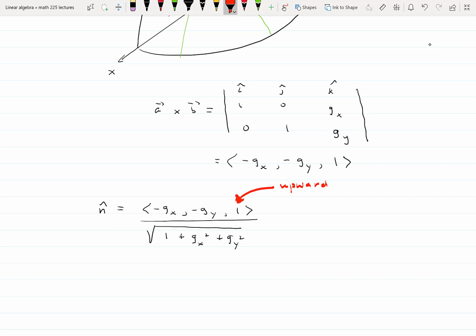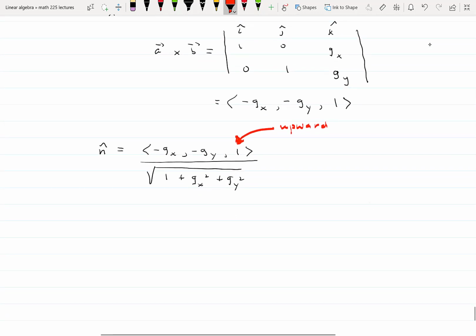So for an upward orientation, we take a vector with 1 in the z component, before we normalize it to make it into a unit vector. So this is how we define the upward normal. Let's call this n up.